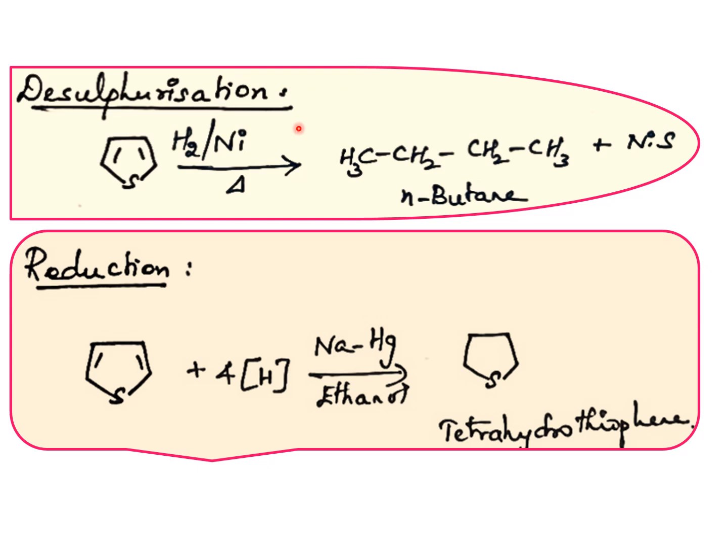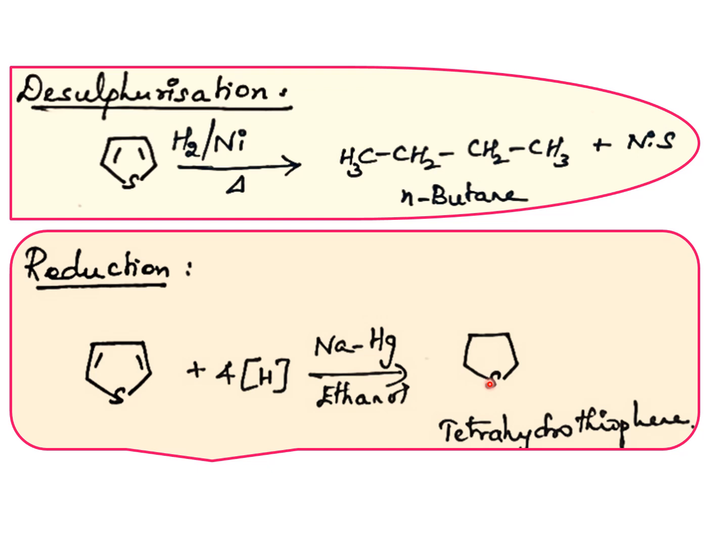Here we are going to see the desulfurization of thiophene. That is, the sulfur has to be removed from the ring by using Raney nickel at a high temperature. It provides n-butane, an open chain acyclic compound. Upon reduction by using sodium amalgam in ethanol, it provides tetrahydrothiophene, similar to the case of furan.